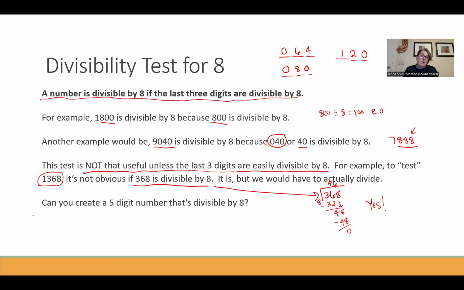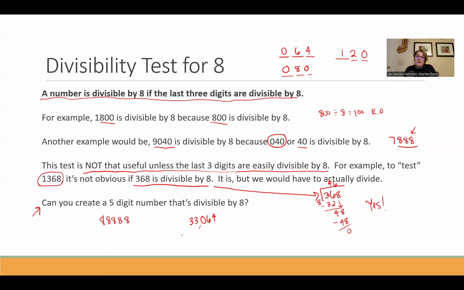Okay. So, how am I going to ask you to do some problems? Well, I might do something like this. Can you create a 5-digit number that's divisible by 8? Sure. What if we just did all eights? I mean, yeah, right? Okay. If you didn't want to be that kind of crazy, what if we kept that 064 as the last 3 digits and then maybe I did the first two as 33?